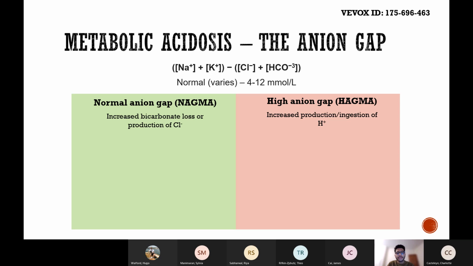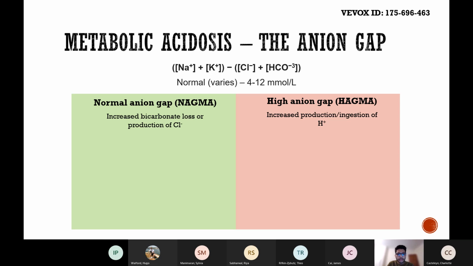Now, all you need to know is that if you have a high anion gap, that means somebody is producing more acid or they're ingesting acid, okay? So if they're producing acid or ingesting acid, then the anion gap is going to be high.